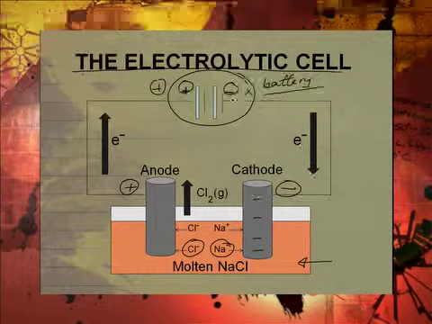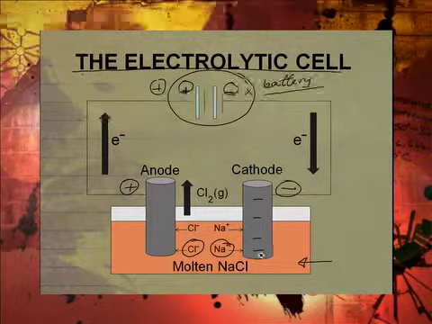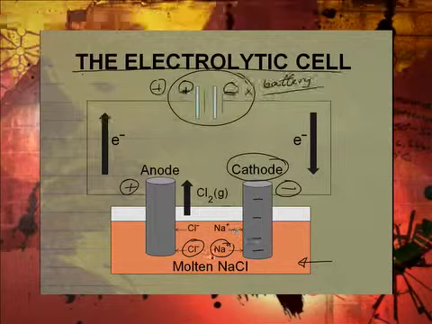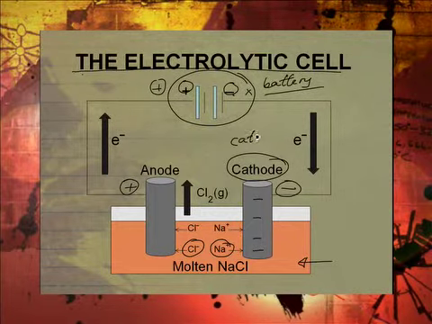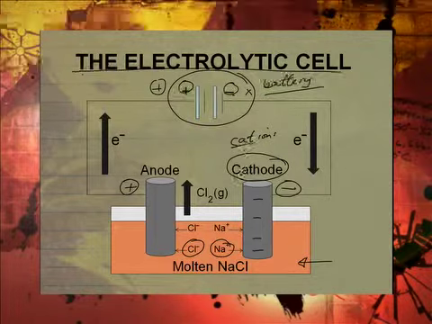Remember, this is negative because it's connected to that negative terminal of the battery. This electrode is therefore the cathode because it is attracting the cations to itself. Hence the name cathode.